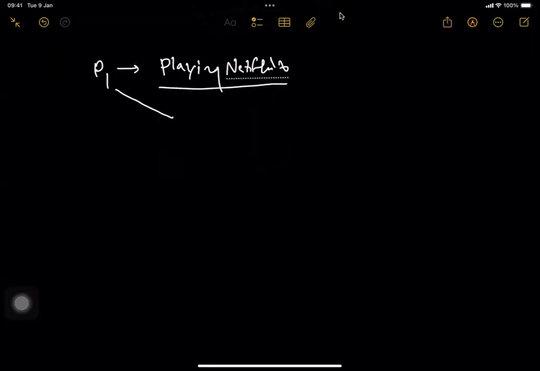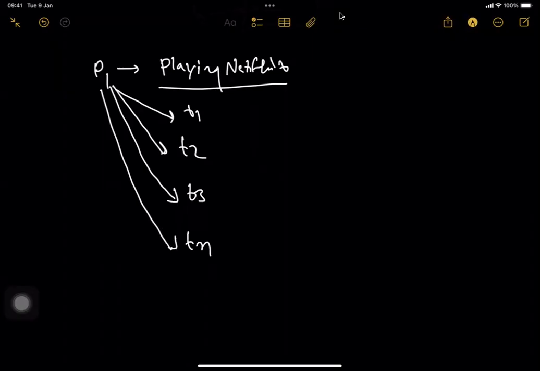Let us assume one process is playing music. It's a process, but while playing music, that process might be using multiple threads. You understand? Let's take an example: the process P1 is playing Netflix. To play that Netflix properly, the process P1 might have thread T1, thread T2, thread T3.